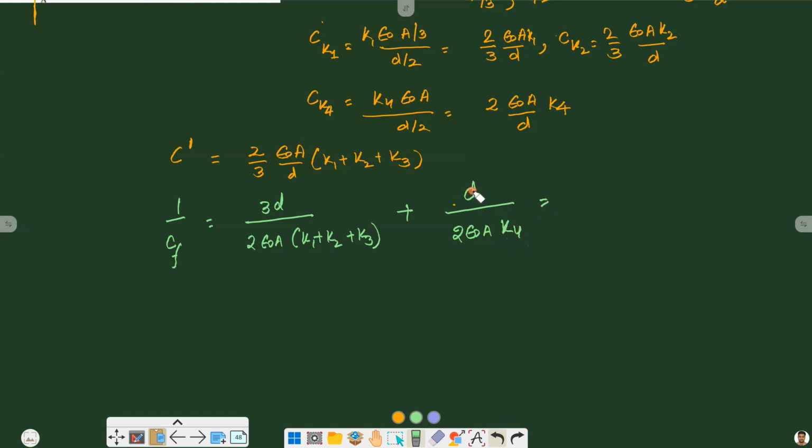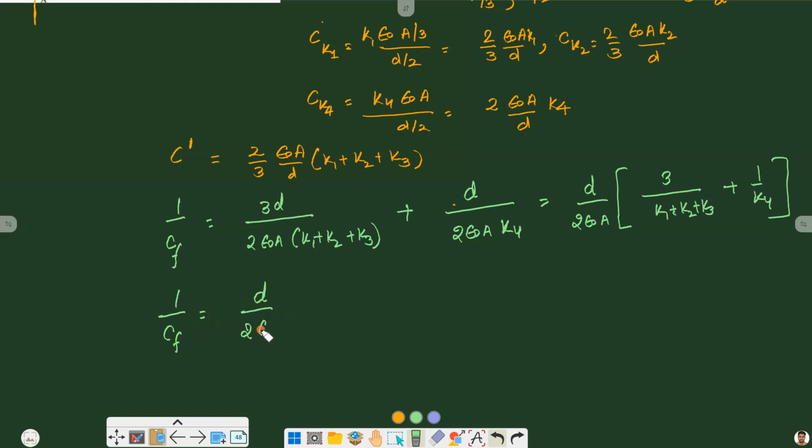Now we can take D by 2 epsilon node A common. We will be left with 3 by K1 plus K2 plus K3, plus 1 by K4. And from this we can write 1 by CF is equal to D by 2 epsilon node A times that.